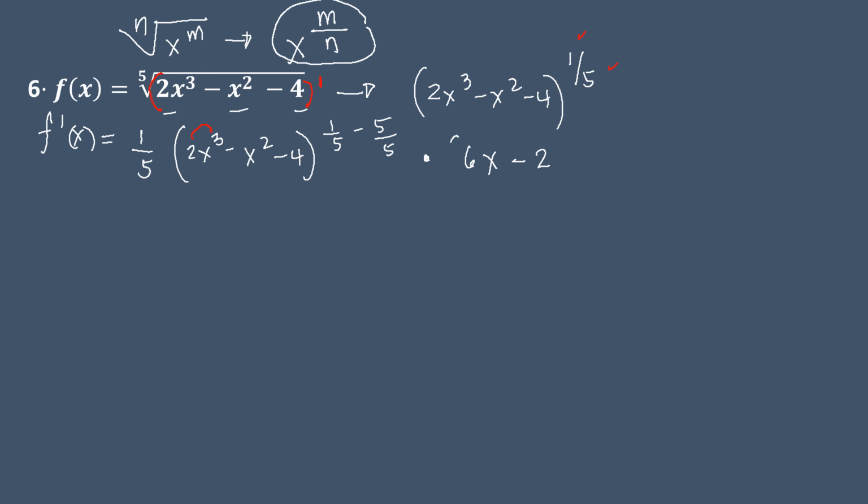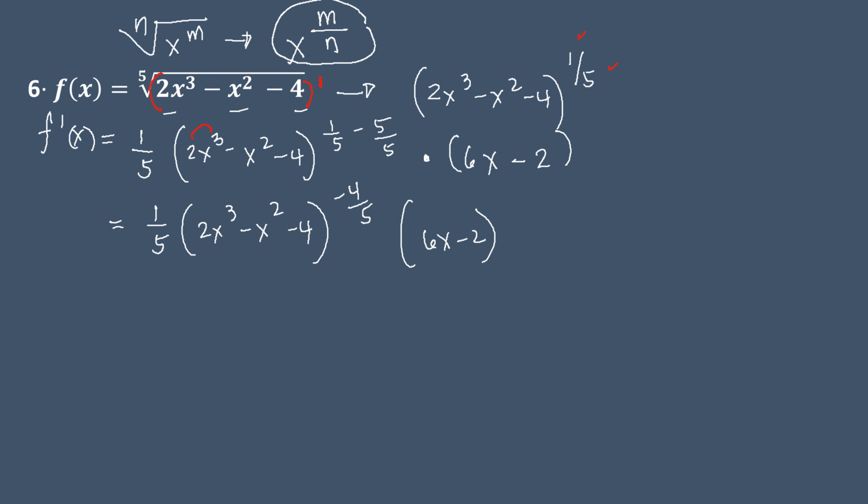So therefore, the next step will be 1/5 and then 2x cubed minus x squared minus 4 to the power of negative 4/5, because 1/5 minus 5 over 5 is equal to negative 4/5, times 6x minus 2.